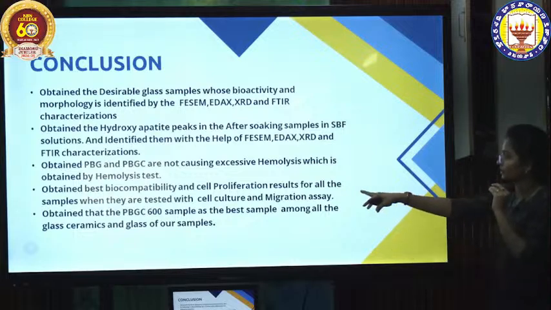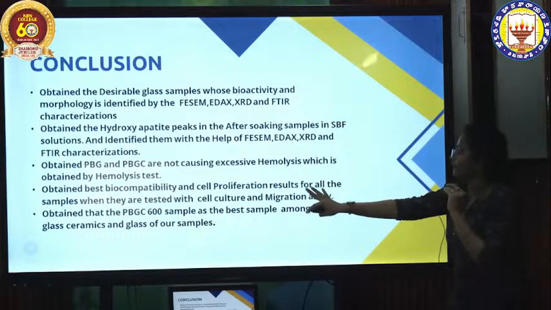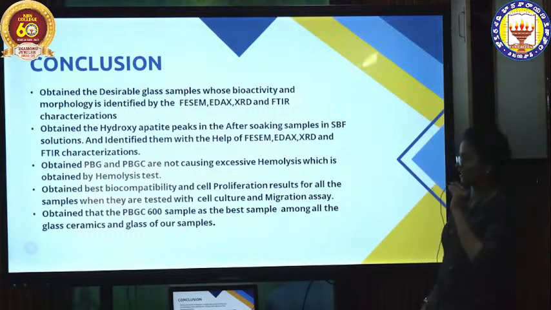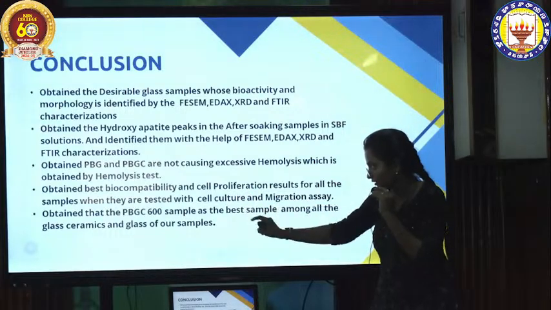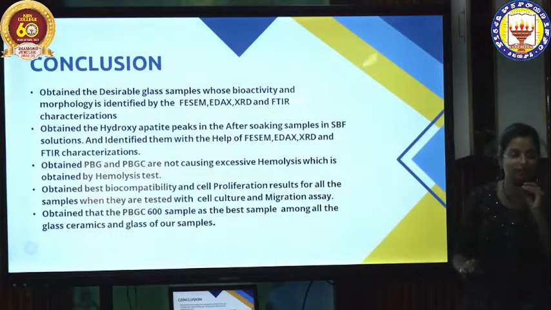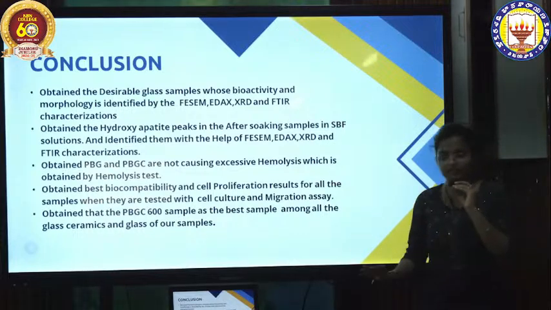I have also obtained the best biocompatibility and cell proliferation results for all the samples when tested with cell culture and migration assay. The PBGC glass ceramic at 600 was obtained as the best sample among all the samples when compared across all the characterizations.